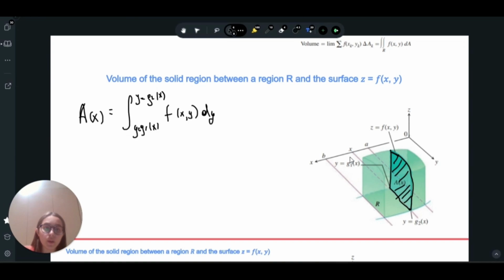We found this, and now to find the volume, we should integrate A(x) from x equals a to x equals b. Then we will get the volume as an iterated integral, and it will look like this.